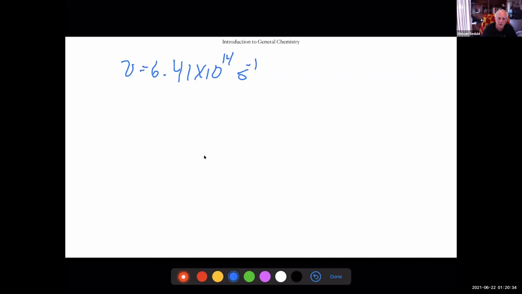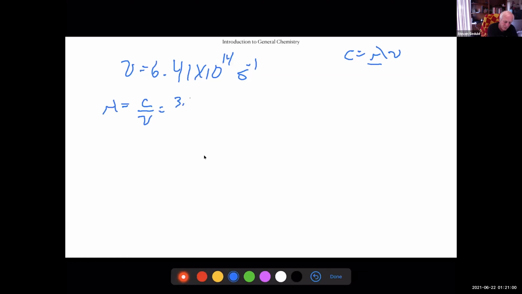And you know the speed of light is equal to your wavelength times your frequency. So now we're looking for wavelength. So wavelength is equal to c divided by frequency. Just divide by frequency on both sides, just rearrange your equation.